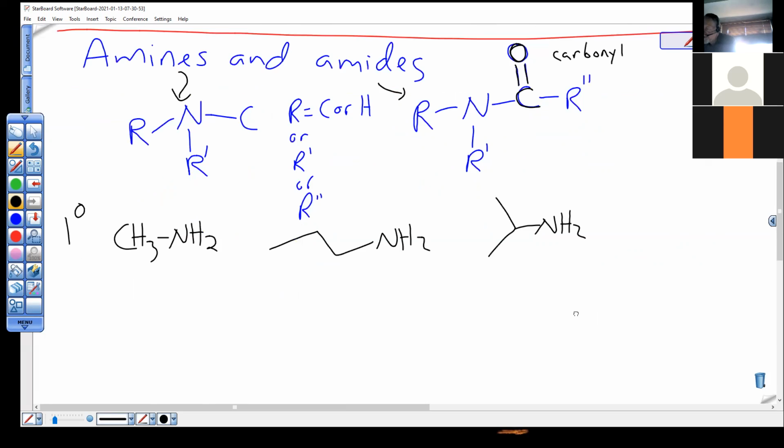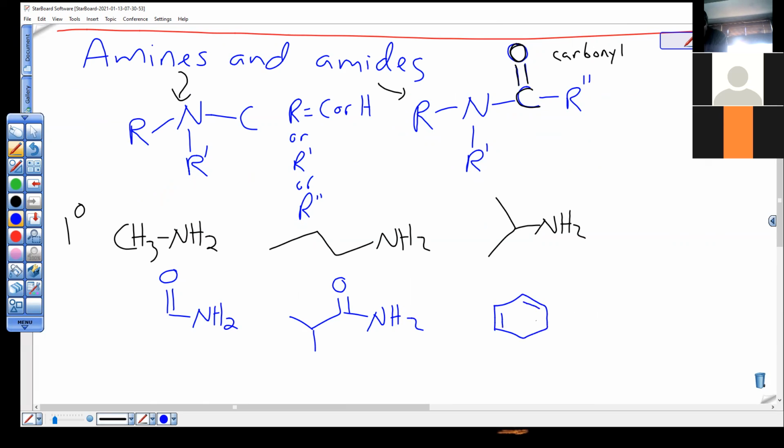And then we'll go with amides in blue. We could have one that has just a carbonyl, and this is a carbonyl that has an H on it. Here's a carbonyl that has a carbon on it. Doesn't change anything. They're all primary amides.